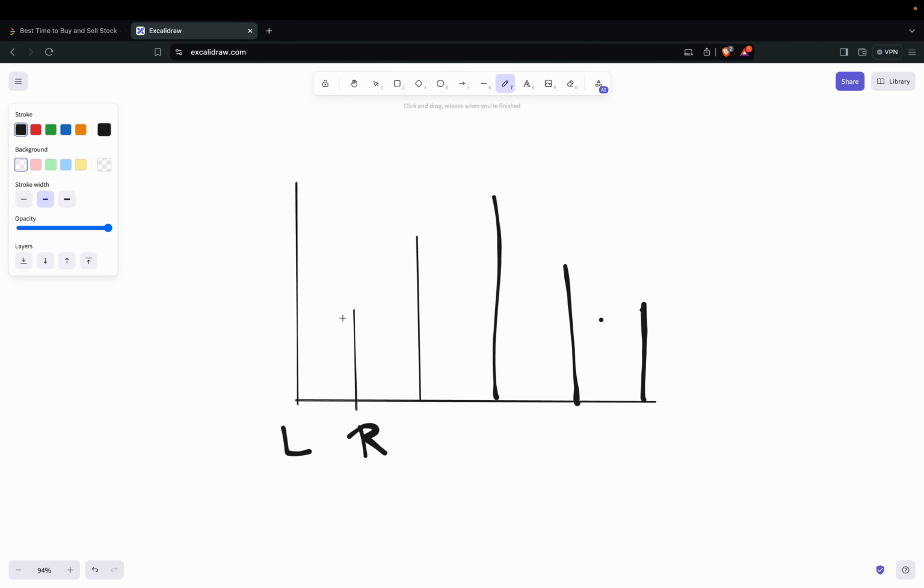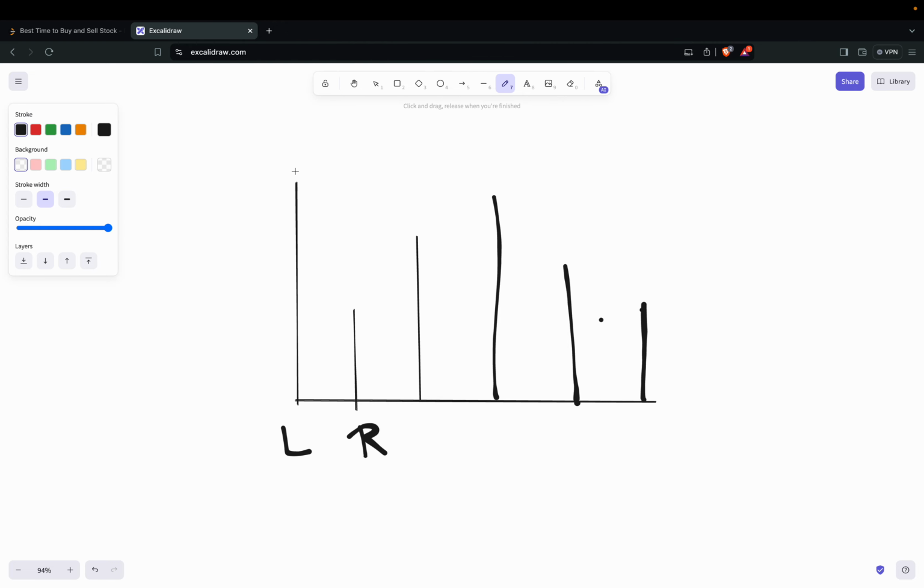Let's say 2 minus 7 would be minus 5, because we are not going to compare with the forward. In that case we can move our L to this position and R to this position.